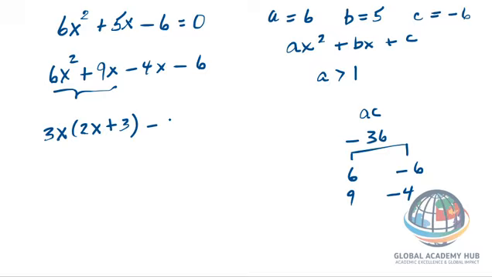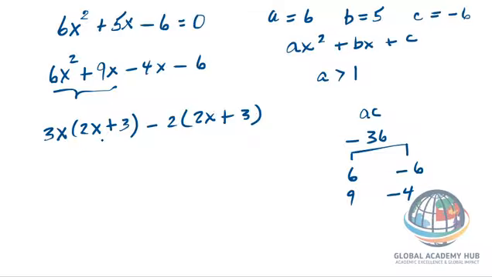Minus 2, and this becomes 2x plus 3. Minus 2 times 2x gives me back minus 4x, minus 2 times a positive 3 gives me back minus 6. So I've factored correctly here.